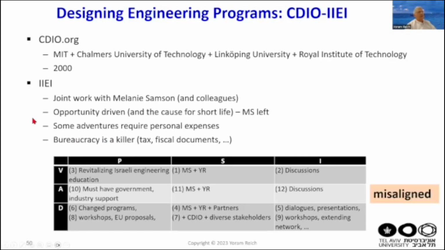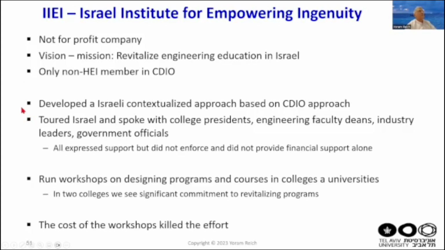So I can talk about the PSI, but it was clearly misaligned. We had no budget, although we wanted to secure it, but it didn't work. We actually ran workshops all over Israel.